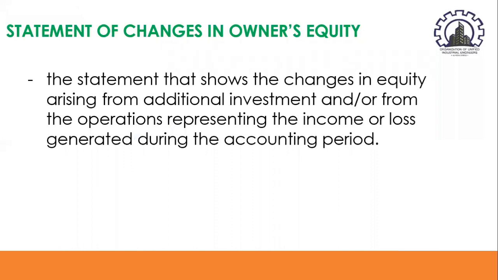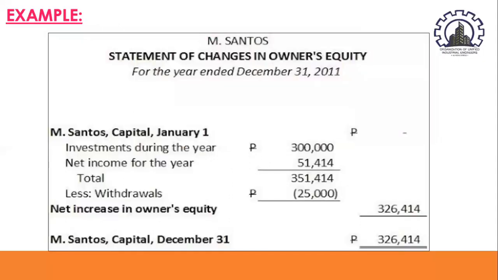If we say Statement of Changes in Owner's Equity, this is the statement that shows the changes in equity arising from additional investment and/or from the operations representing the income or loss generated during the accounting period. Now, this is an example of a statement of changes in owner's equity.